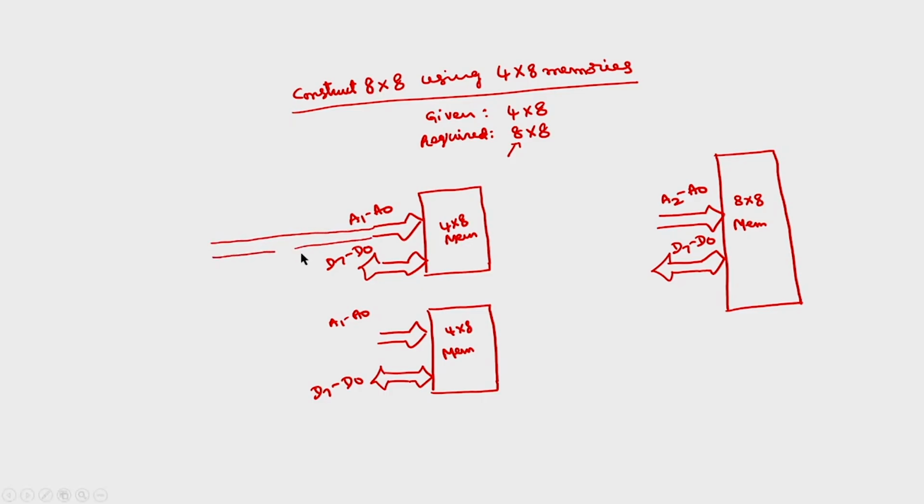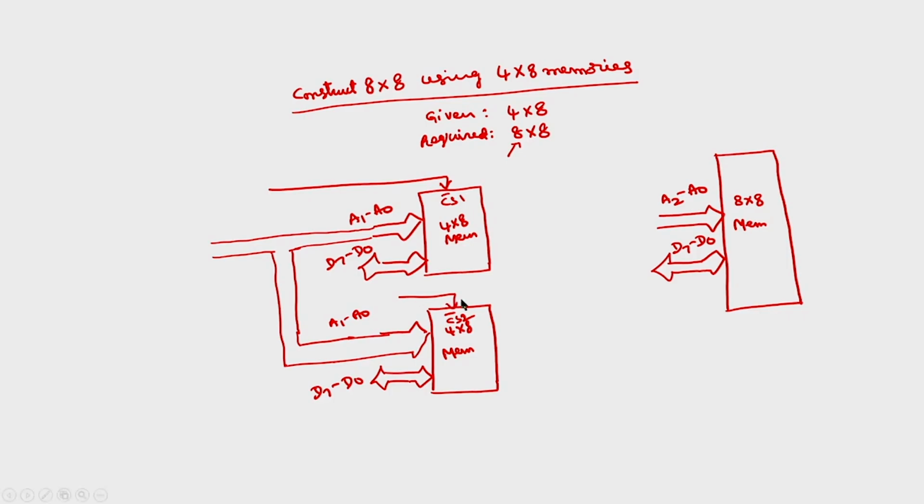In fact, these two can also be connected to this. Similarly, data buses will be connected together. The only difference is we have different chip select signals. We call these chip select 2 and chip select 1.